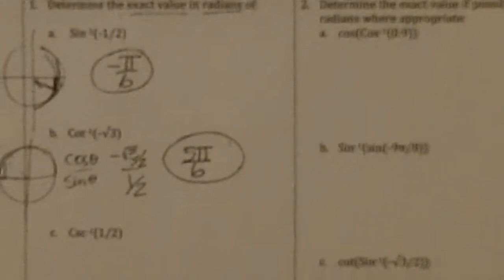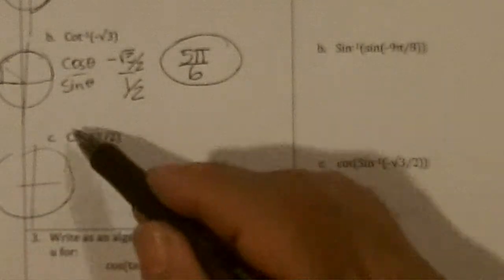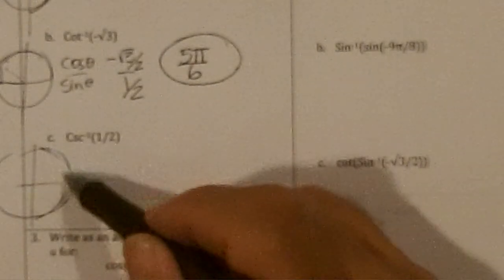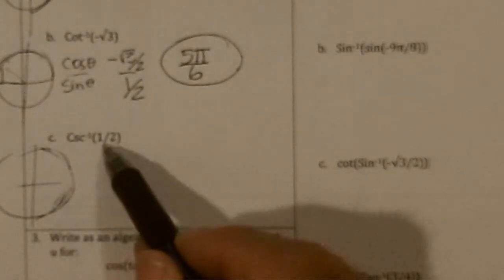Okay, cosecant. Cosecant, capital. Cosecant is a reciprocal of the sine, so it has to come out of the first and fourth, and it's 1/2, it's reciprocal, it's positive, so we're going to take it out of the first.